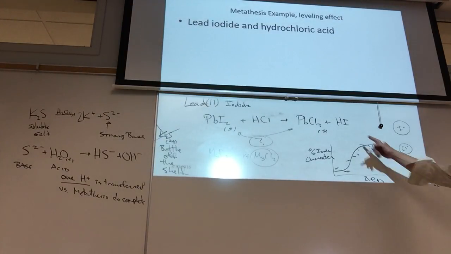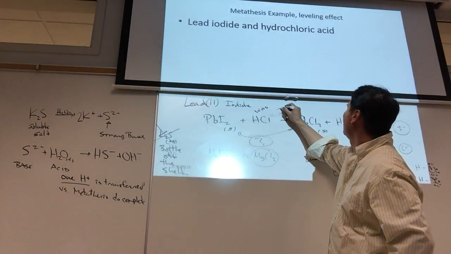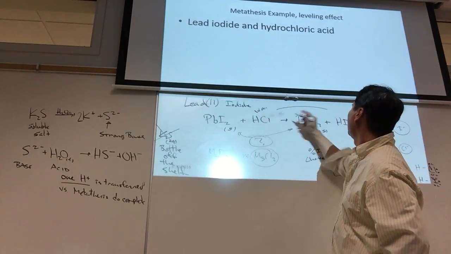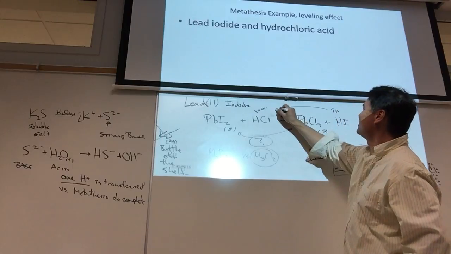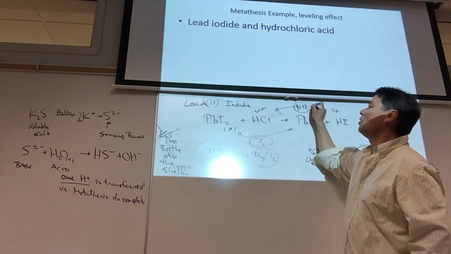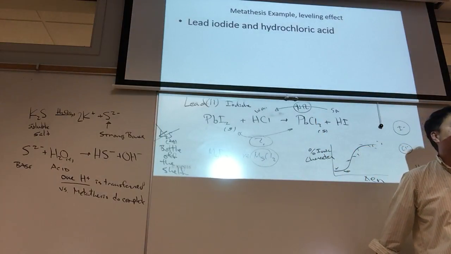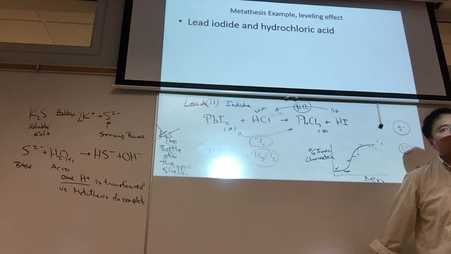If HI is a stronger acid, then we're going from weaker acid, HCl, to a stronger acid. That's the reverse. We should be going stronger to weaker. Therefore, NR. Is that right?